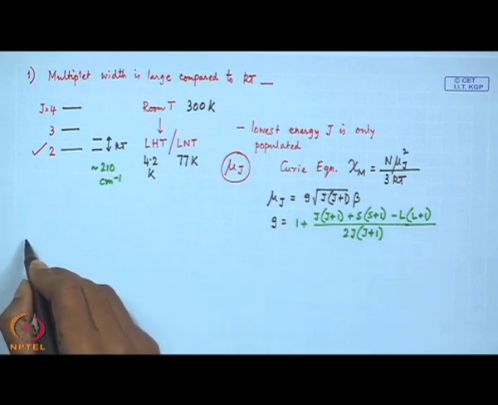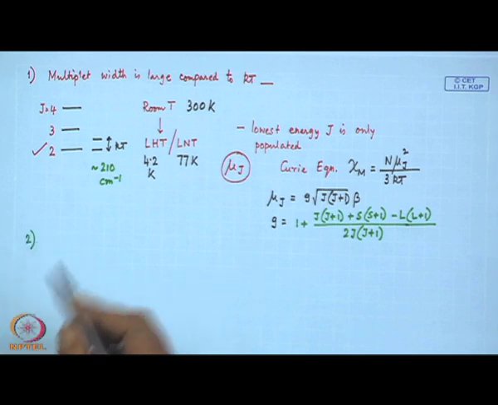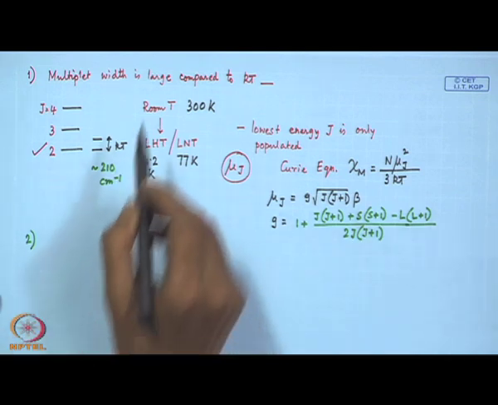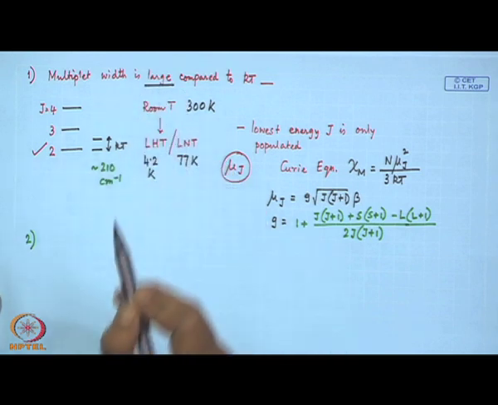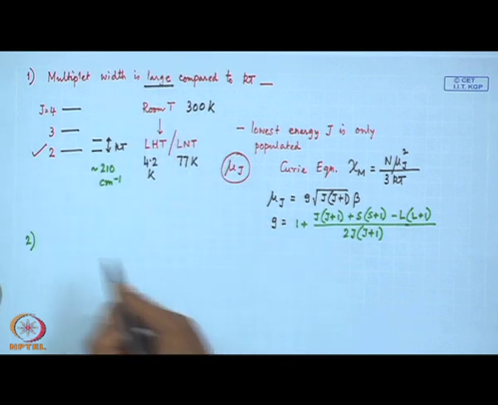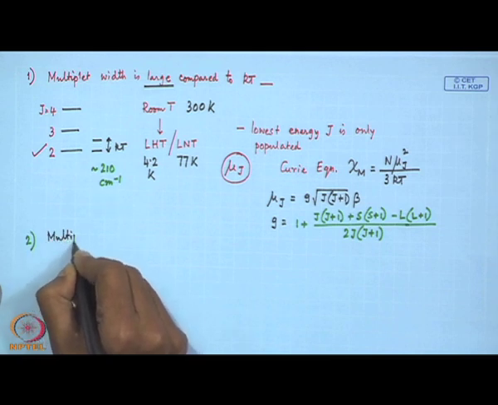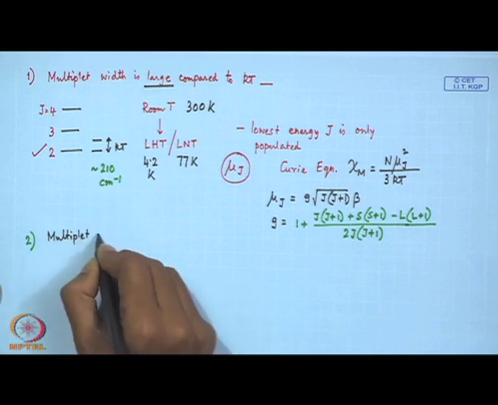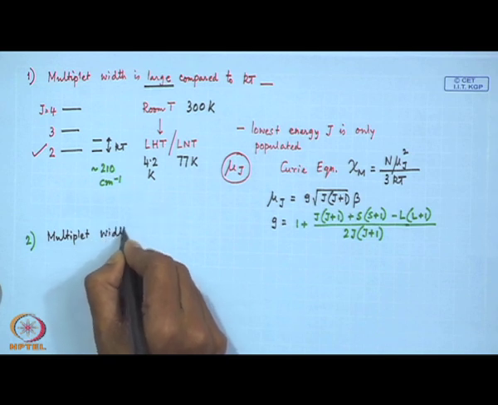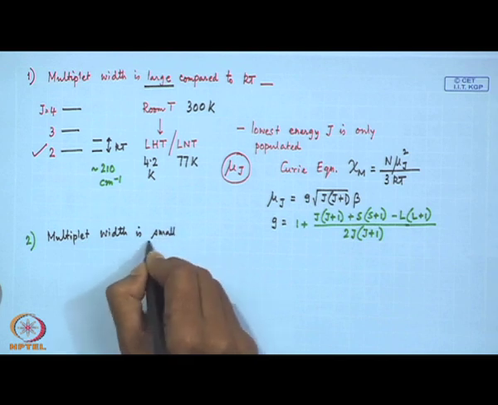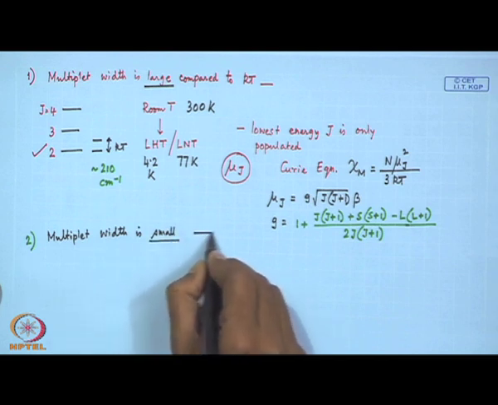So, the second case, which is opposite to this particular situation, where the multiplet width is small compared to kT.